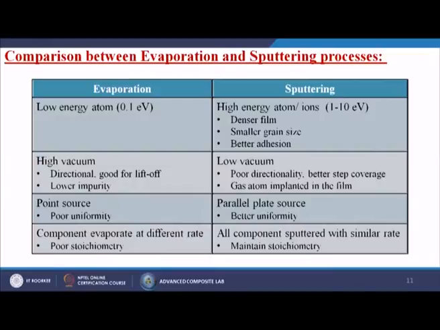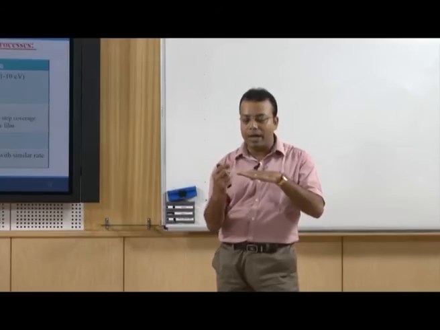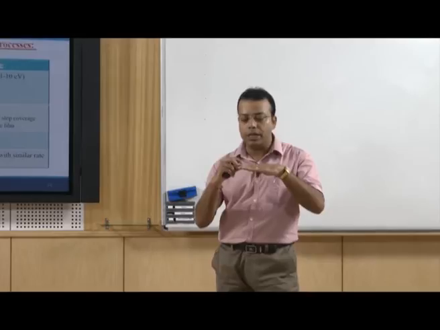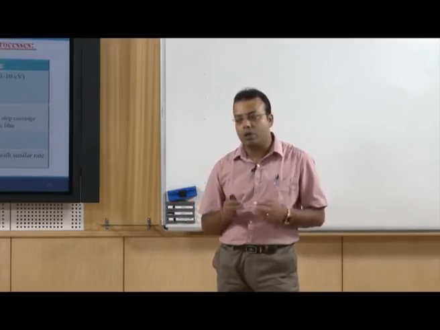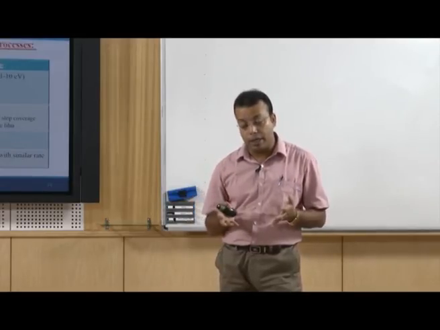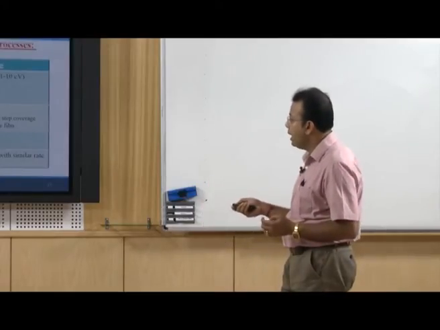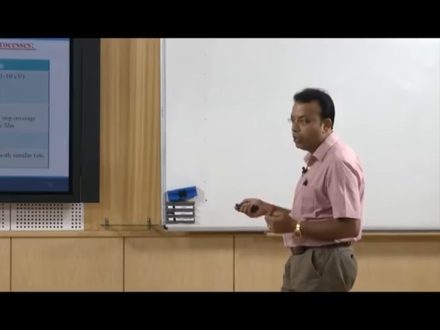Components evaporate at different rates, so there is poor stoichiometry, whereas in sputtering all components are sputtered at a similar rate. So, whatever thickness you are achieving is the same, or homogeneous, throughout the whole surface of your substrate material. So, it maintains a constant stoichiometry.